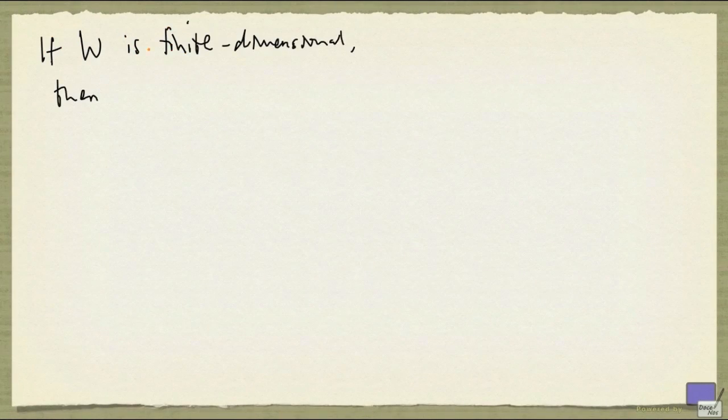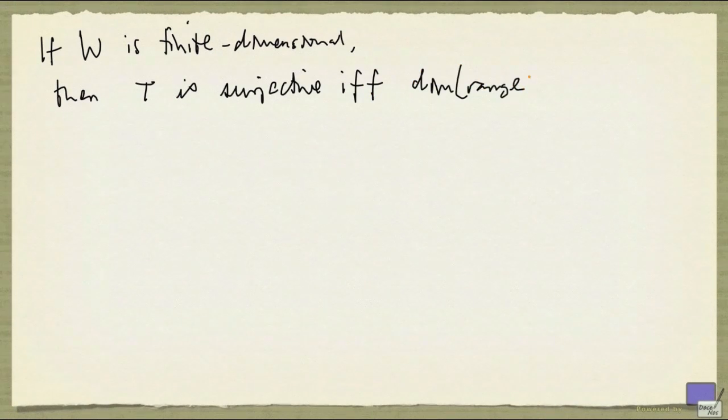Now, there are some criteria for testing surjectivity and injectivity. So, for example, if W is finite dimensional, then T is surjective if and only if the dimension of the range of T is equal to the dimension of the codomain. Because the range is a subspace of the codomain, and if they have the same dimension, then they must be the same vector space.